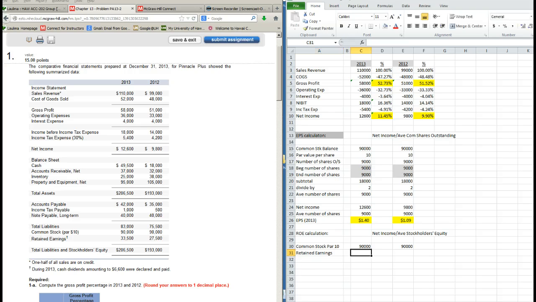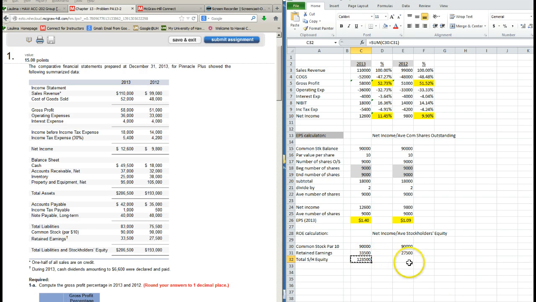At the end of 2013 it was 33.5, and at the end of 2012 it was 27.5. And so if we add the two together, that would give us the total stockholders equity for the end of each of those 2 years.